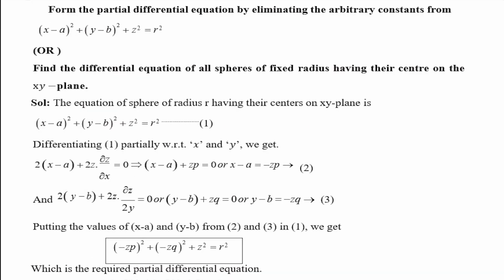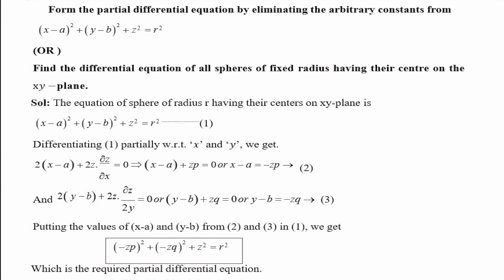Next problem is: form the partial differential equation by eliminating the arbitrary constants from (x − a)² + (y − b)² + z² = r². This is the equation of a sphere of radius r having its center on the xy plane. That is (x − a)² + (y − b)² + z² = r². We consider this as equation number 1.